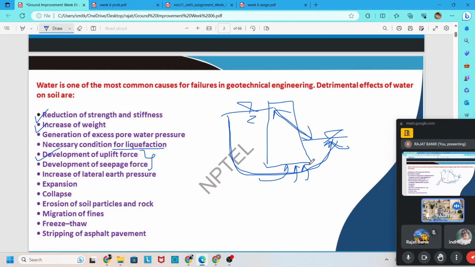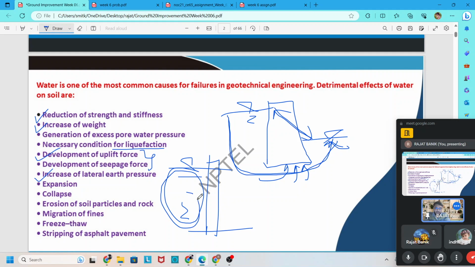Due to this uplift force and seepage force, sometimes the foundation of the structure may fail if the uplift force is greater than the foundation weight. Another aspect is the increase of lateral earth pressure. If there is a retaining wall with some backfill material, in most cases cohesionless soil, and the groundwater is high in this backfill, there may be excess weight or hydrostatic force created.